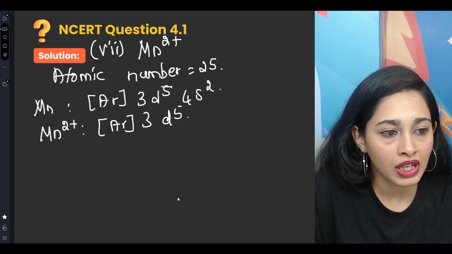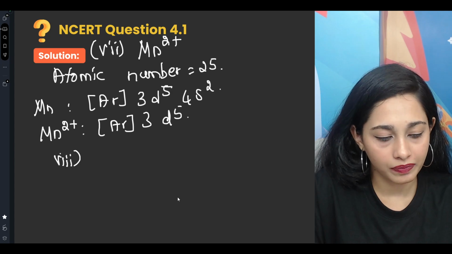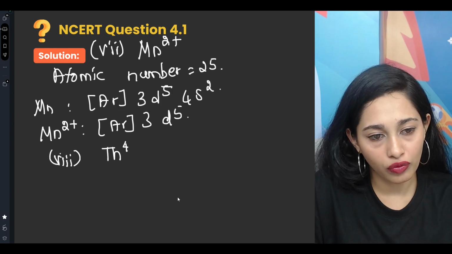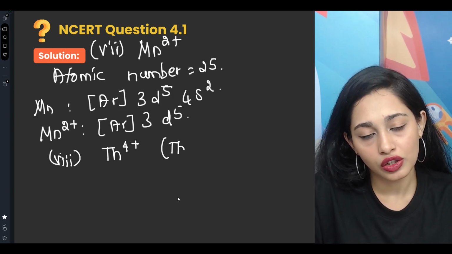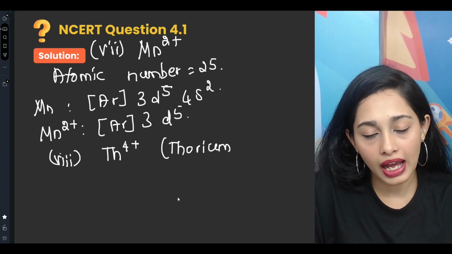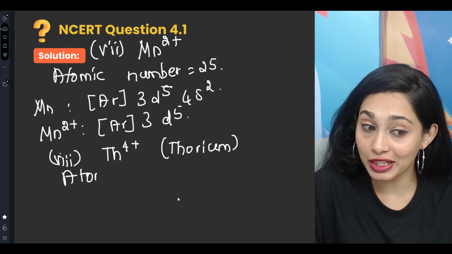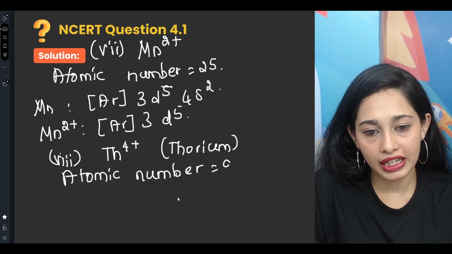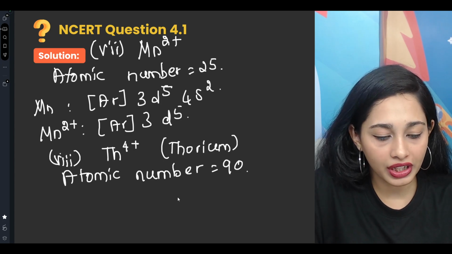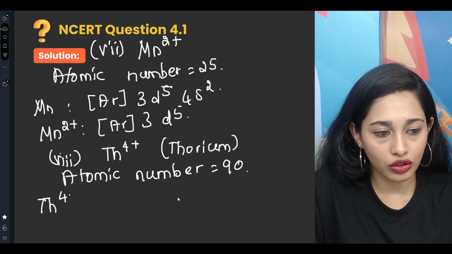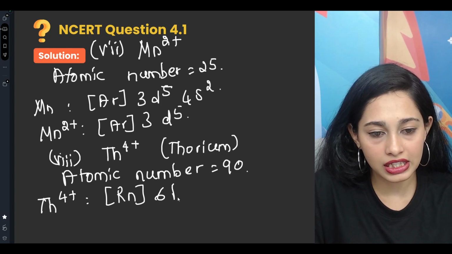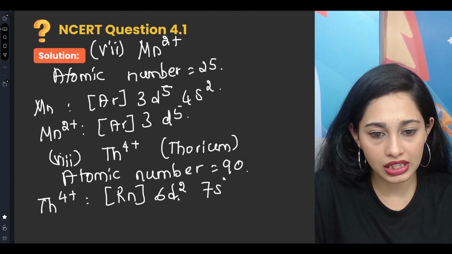That's it. The last one, the eighth one, is thorium, Th4 plus. The atomic number of thorium is 90. So for thorium 4 plus, its electronic configuration will be radon followed by 6d2 7s2.